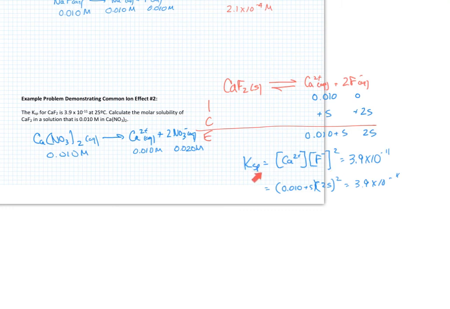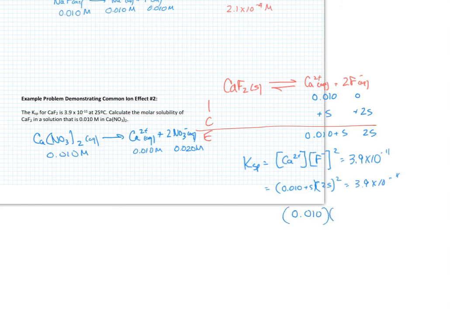Same KSP expression that we've had 3 times now. It's (0.01 plus S) times (2S) quantity squared equals 3.9 times 10 to the minus 11. Once again, 0.01 is much, much bigger than S, so we can make our favorite approximation that we've made so many times before.